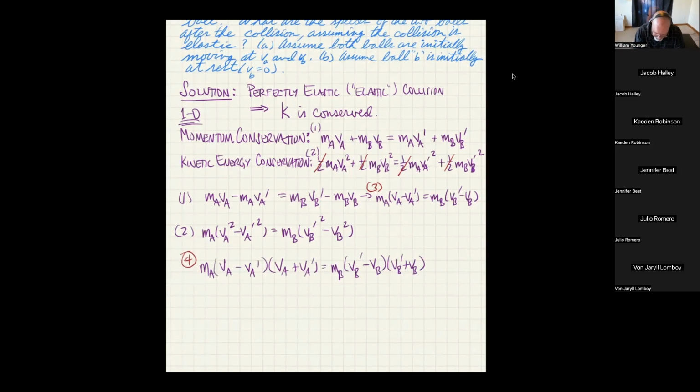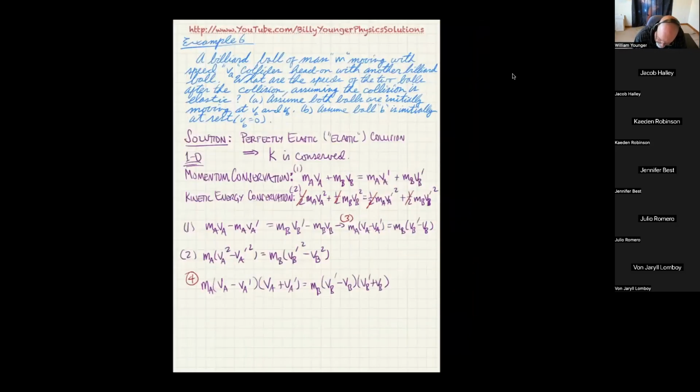Now I can divide equation 4 by 3, and I think you can see what happens. Basically, we're going to get the VA minus VA prime is going to cancel out, as is the MA.